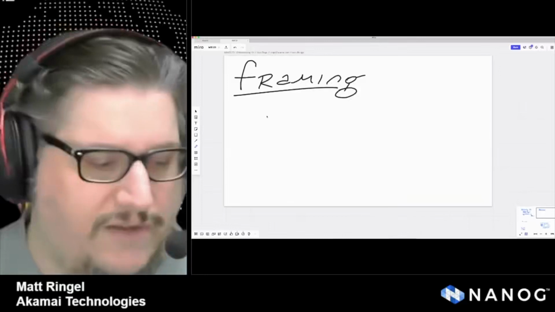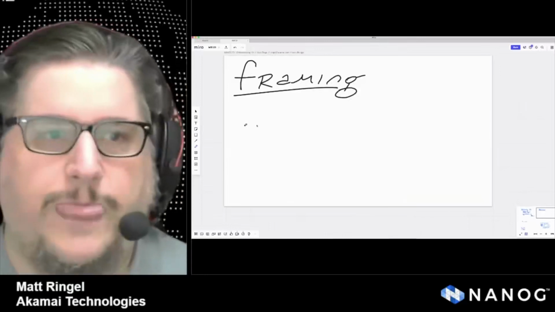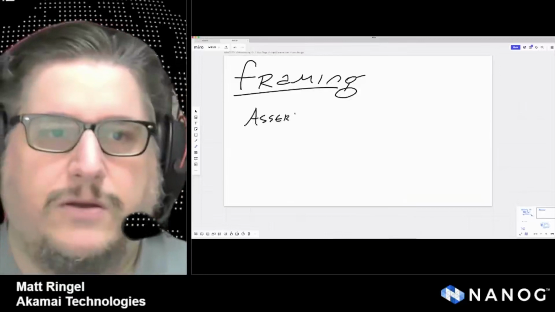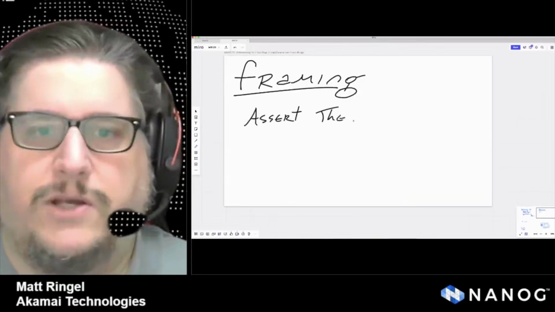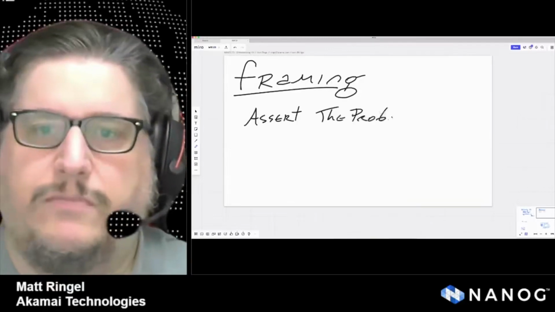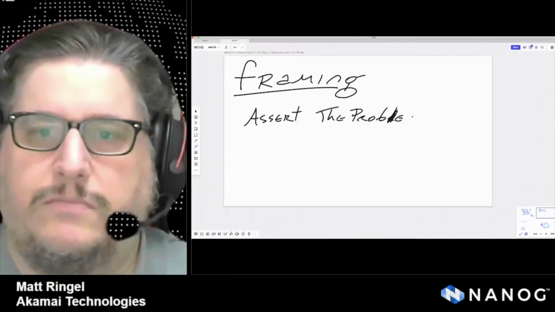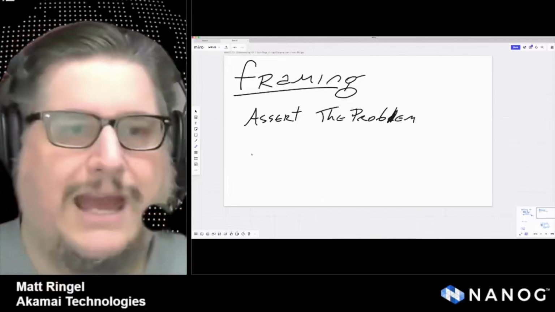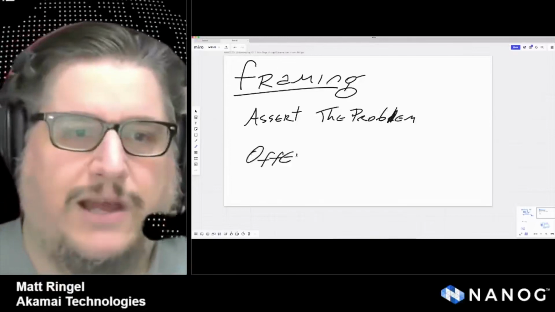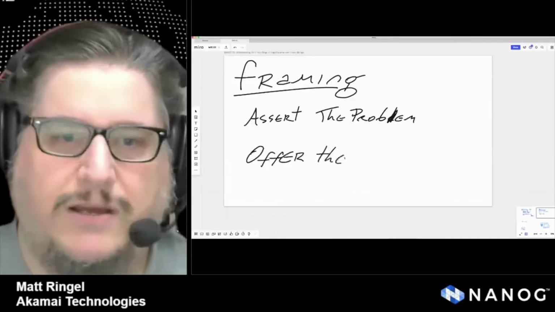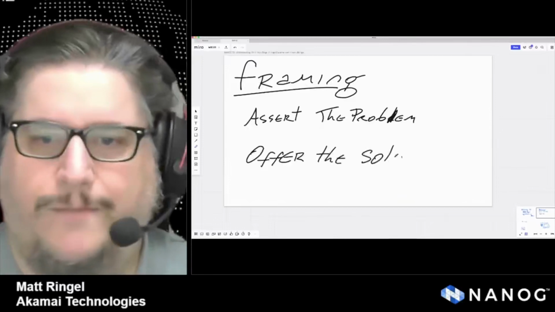And so you can do stuff like assert the problem and offer a solution. Now, I realize that sounds pretty salesy, but bear with me for a second here.